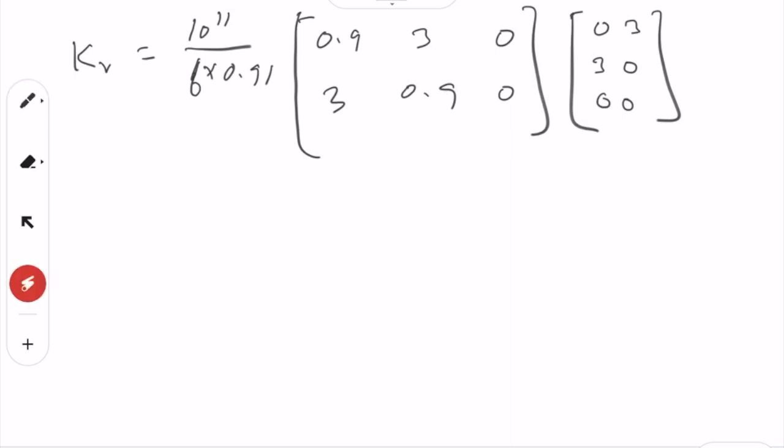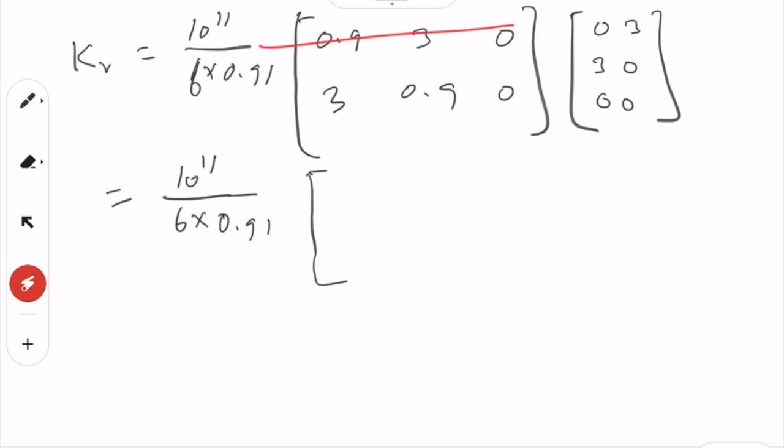Now we multiply this by this. So we get a 2 by 2 matrix, equal to 10 to power 11, 6 to 10, 0.91. And what do we get? Now this multiplies to this one.